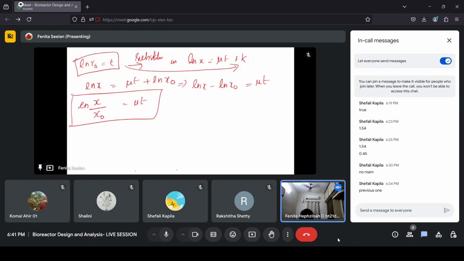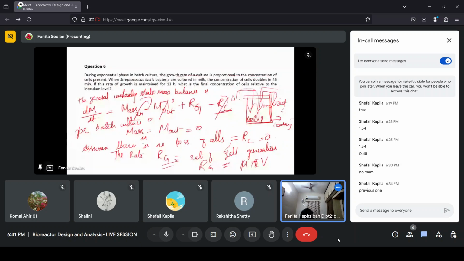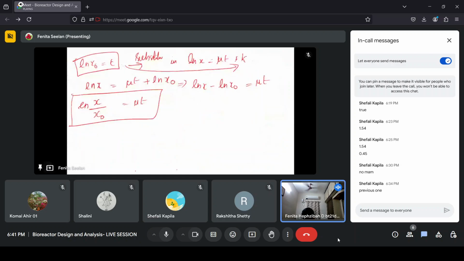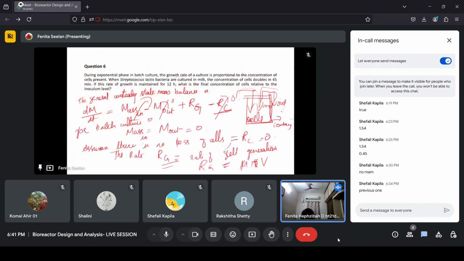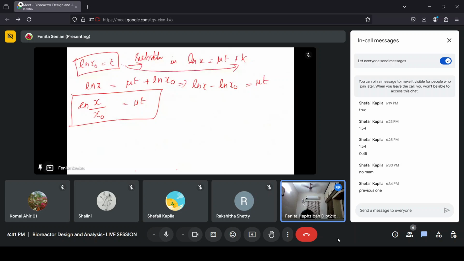Now going back to the question, what are the data they have given? Now we have formed a relation between your cell concentration and specific growth rate with respect to time. The only data given to you was the doubling time and how long the rate is maintained. Taking doubling time as 45 minutes, x naught is the initial concentration of cells, x is the final concentration of cells, and at the end of 45 minutes the cell is doubling.